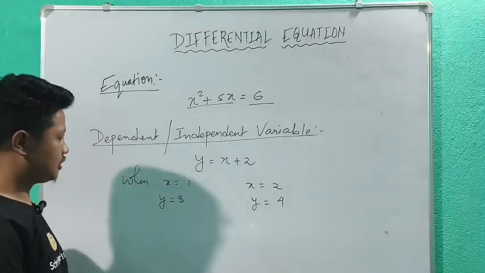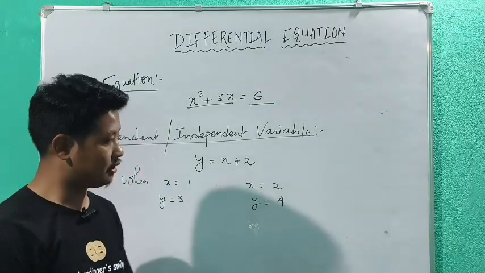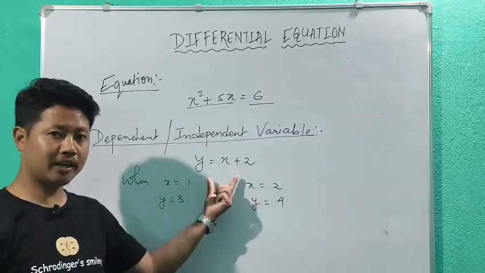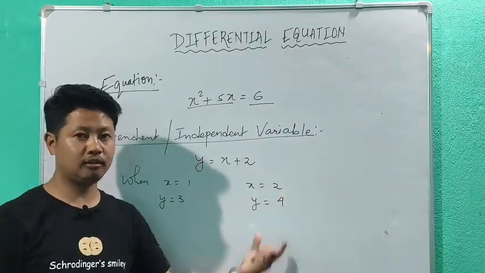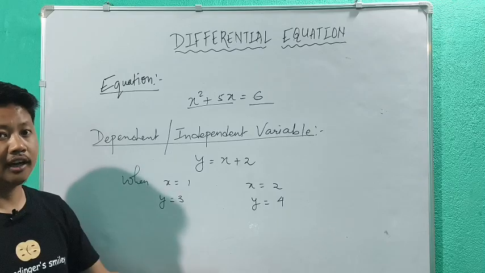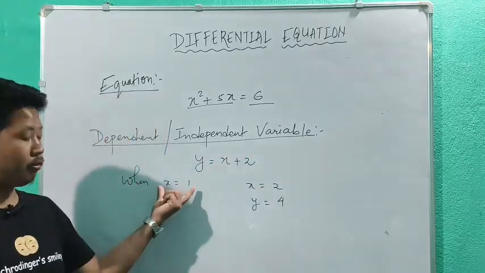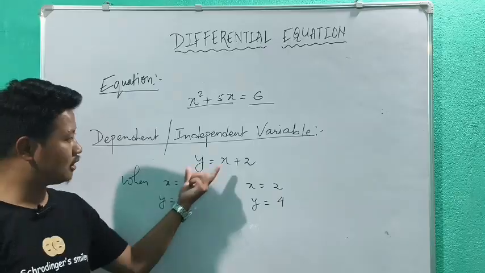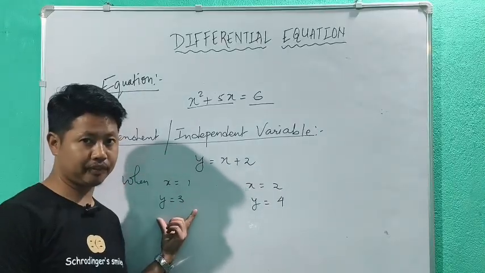Look at both cases. This is case 1, this is case 2. Here I put x equal to 1 and got y as 3. Here I put x equal to 2 and got y as 4. That means whatever value I put for x, I will get a different value of y.